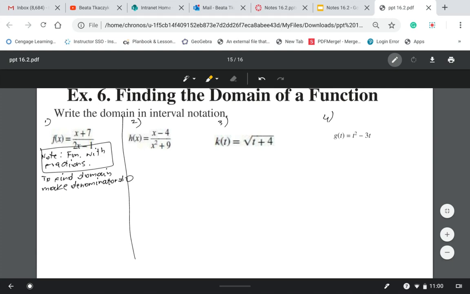So we always check what is in the denominator, which is 2x minus 1. That expression can't be equal to 0 because you never ever divide by 0, so solve this equation for x. Adding 1 to both sides, we end up with 2x cannot equal 1. Divide each side by 2, and we end up with x cannot equal 1/2.